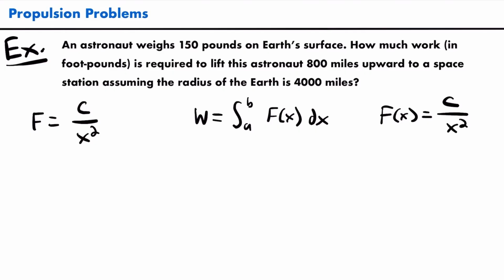Before we can set up this definite integral to calculate the work, we need to know what that constant of proportionality is. This is very similar to the spring constant. We first need to solve for that constant before we are able to calculate the work.